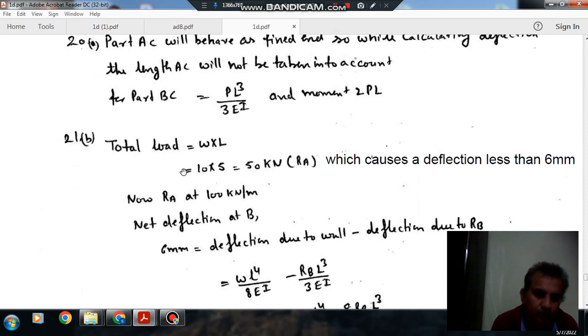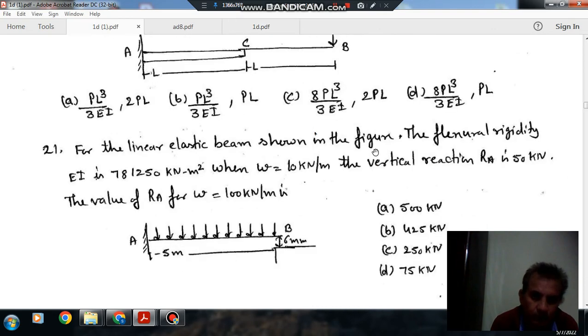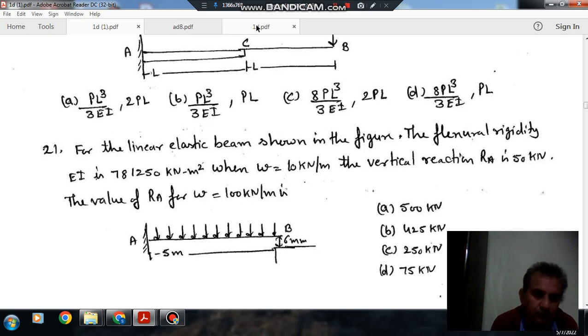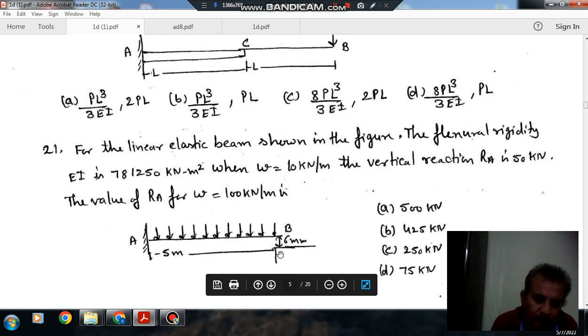So the total load is wL, that is 10 into 5, that is 50 kilonewton. When w is 10 kilonewton per meter, RA is 50 kilonewton. So it means the deflection of point B is less than 6 mm. That's why there is no reaction at point B, and the whole vertical downward load is balanced by RA.